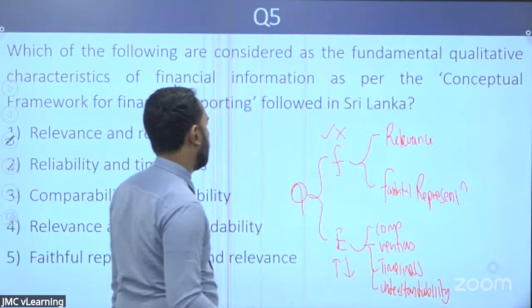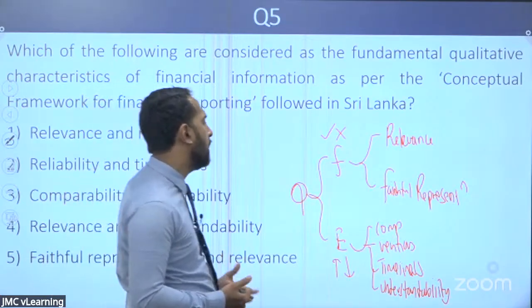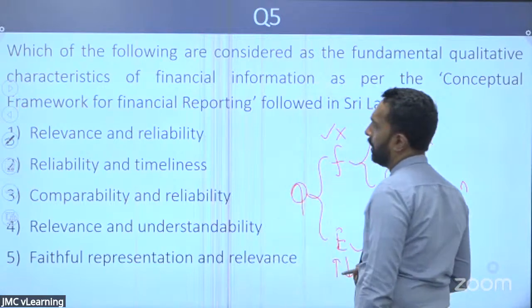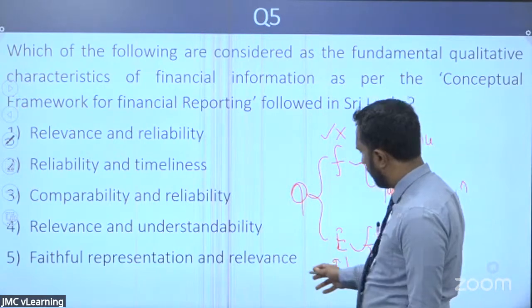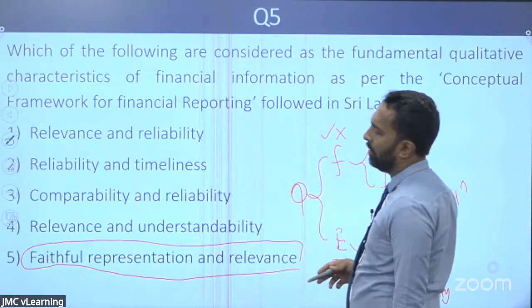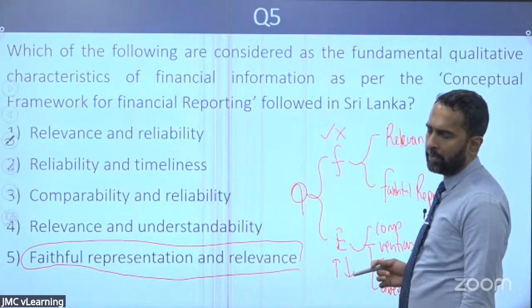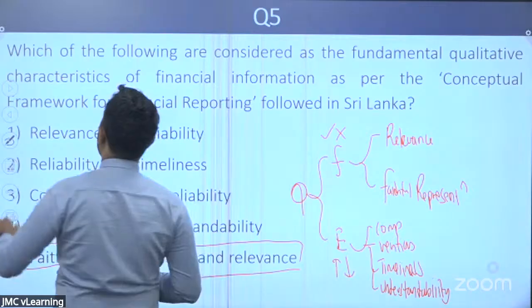So this question is asking about the fundamental QCs. The answer would be relevance and faithful representation. If you look at the last option, faithful representation and relevance is there. Okay.